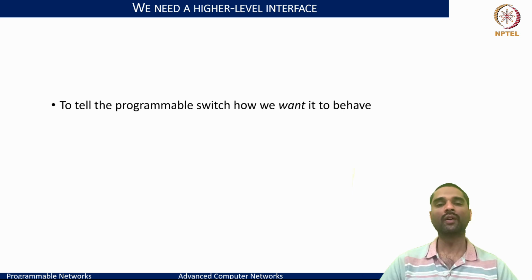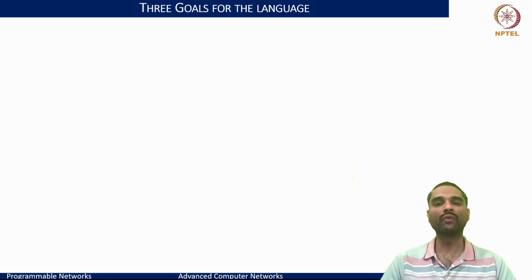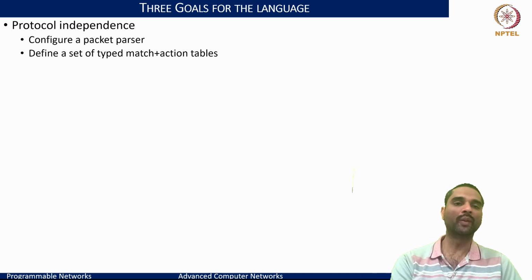That is, to tell the programmable switch how we exactly want it to behave and what is the means that we can try to build such a model or a behavior. And for that, three of the aspects were considered quintessential. One is the protocol independence.